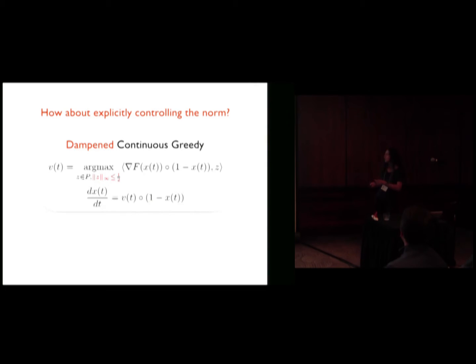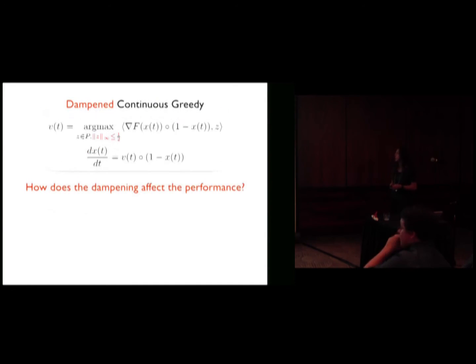So I'm only going to update my solution using directions that have norm at most 1/2. So this is great for the norm because we have explicit control over how much we're updating. But since now we're restricting the space of directions, this could seriously impact performance. And this is the main thing that we want to understand. How does this dampening, this restriction of the norm, affect performance?